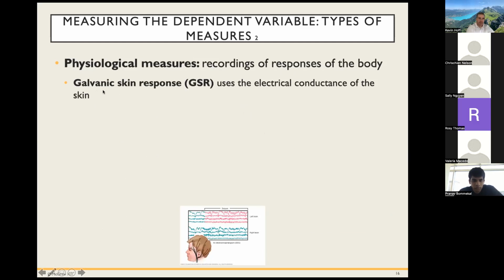So there's galvanic skin response, GSR is the acronym. That measures the electrical conductance of people's skin, and that can be a signal of how much emotional arousal someone is experiencing, or whether or not they're experiencing anxiety.